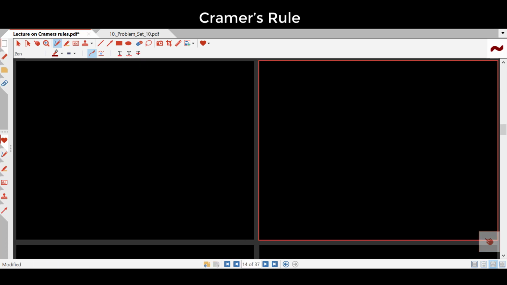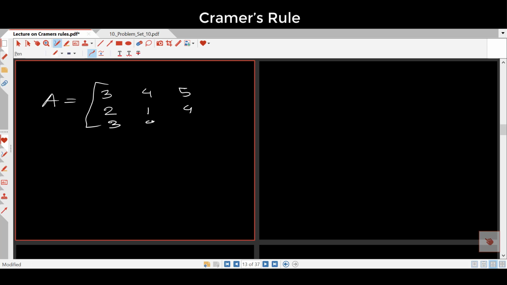Suppose we have a matrix, let's say A, that has entries 3, 4, 5, 2, 1, 4, 3, 9, 7. Let's say we have a square matrix here.